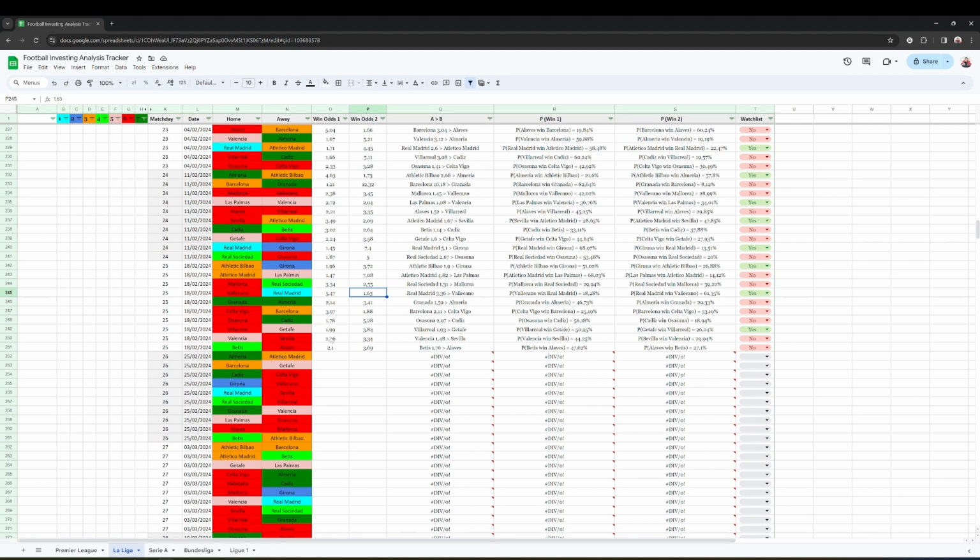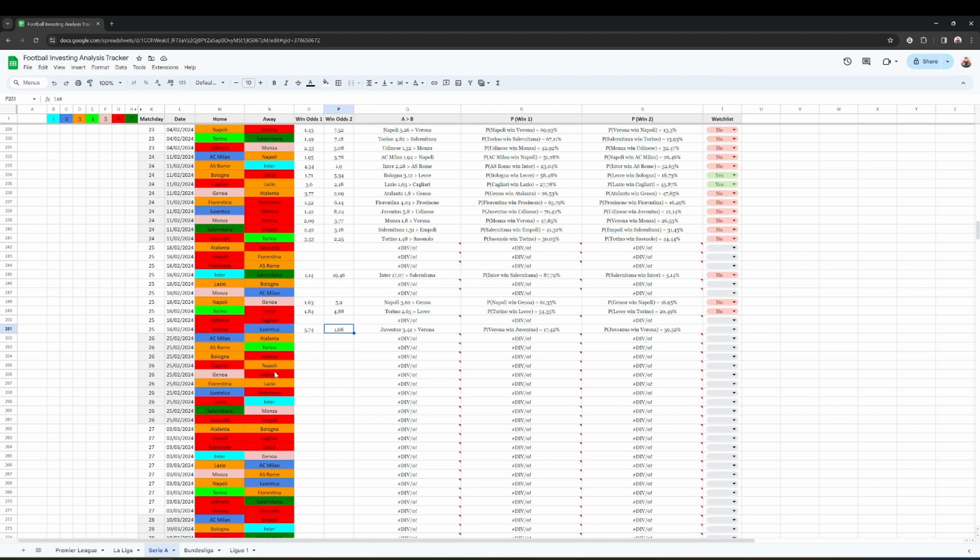So Real Madrid away against Vallecano is the same as Juventus against Verona. I don't know. Okay, I'll leave it at that for a second.